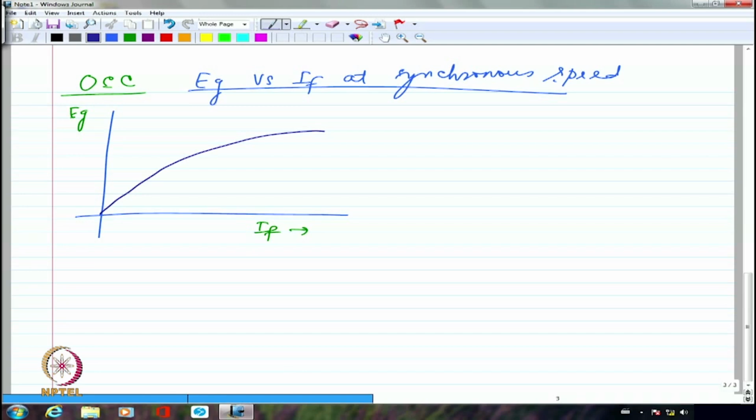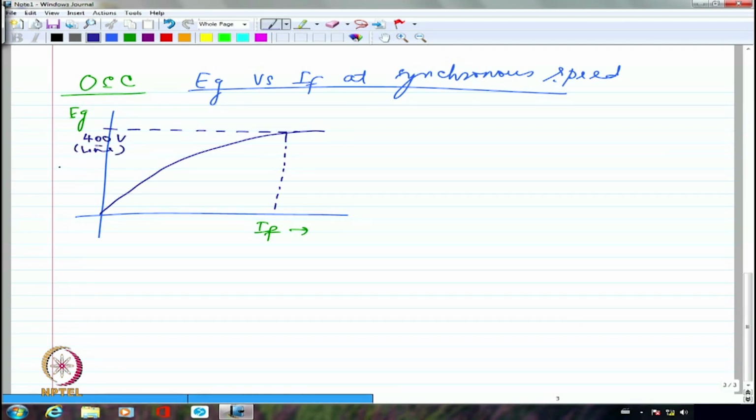So maybe at a particular value of IF, I am getting this EG to be approximately the rated voltage. Let's say my machine is rated for 400 volts line to line or 230 volts per phase, whatever. So I'm measuring line to line voltage, and this is 400 volts line voltage, RMS value.